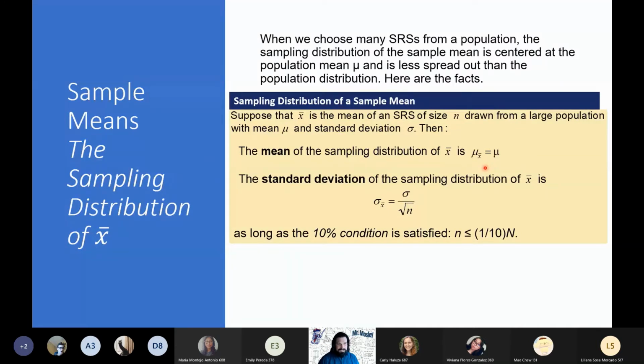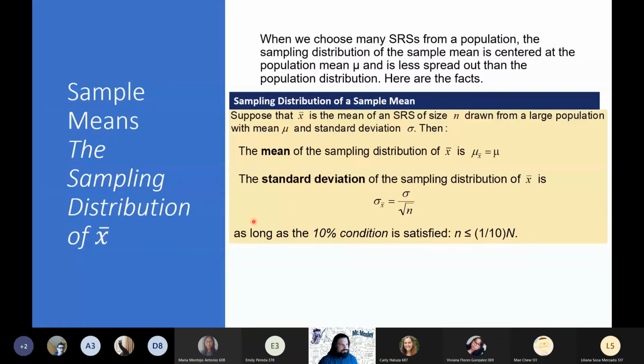Once again, this is kind of nice. We just get to take the mean from the population and plop it in as the mean of our sampling distribution. No calculations needed. The standard deviation of the sampling distribution of X bar is the standard deviation of the population divided by the square root of the sample size. A little more of a simple calculation than the previous one.